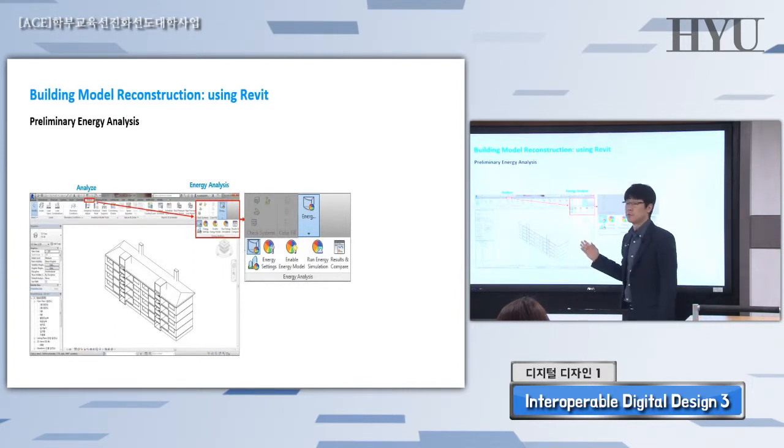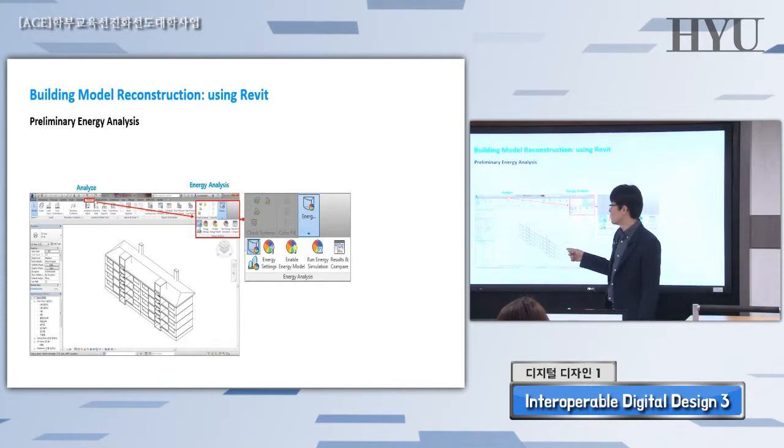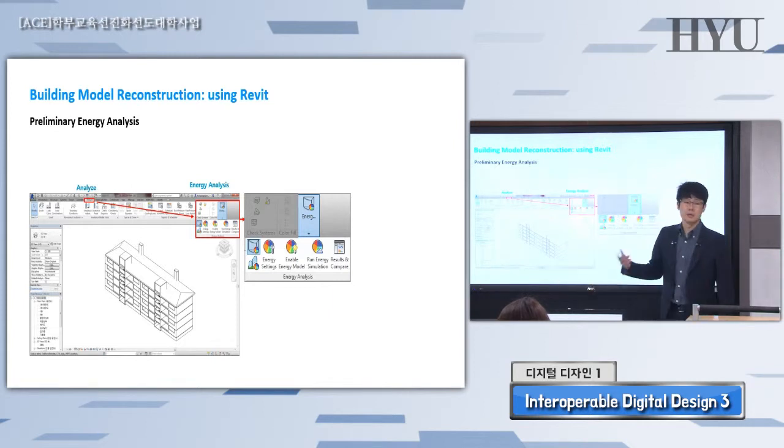Next example is preliminary energy analysis. Now computer, this Revit knows the exact location and building geometry and this weather data. Weather data means some statistical information derived from additional database. So now this building is kind of ready to report energy consumption.